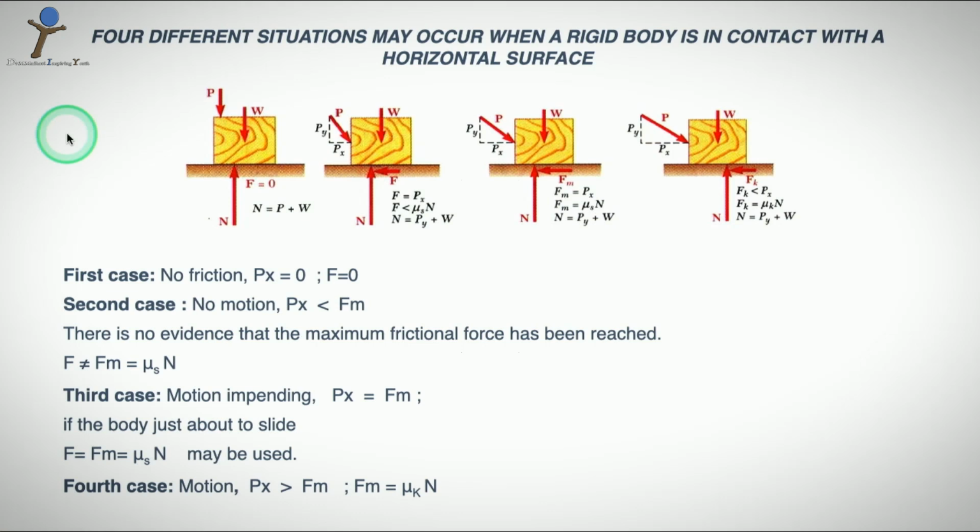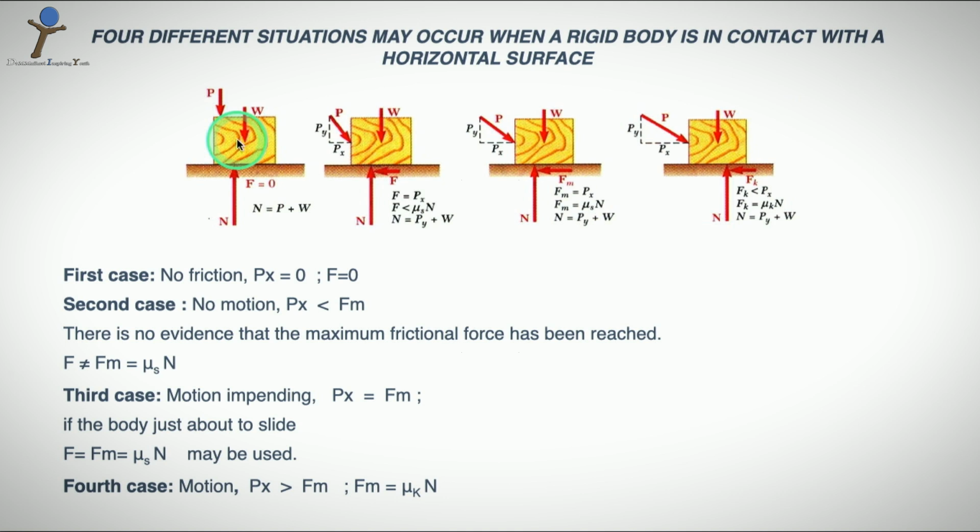Four different situations may occur when a rigid body is in contact with the horizontal surface. Let us understand case by case. In the first case, the applied force P is acting in the vertical direction. So, there is no friction between the contact surfaces.